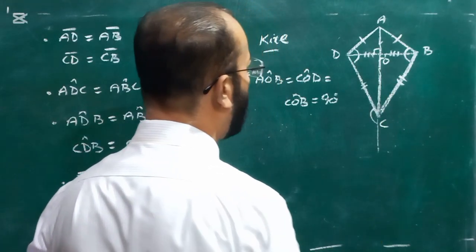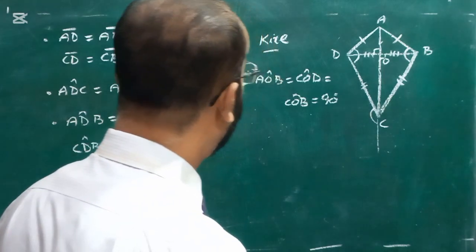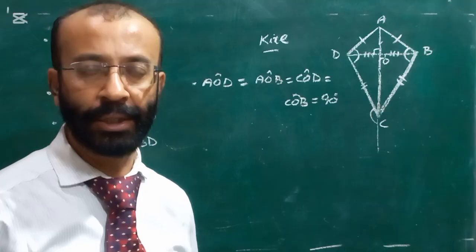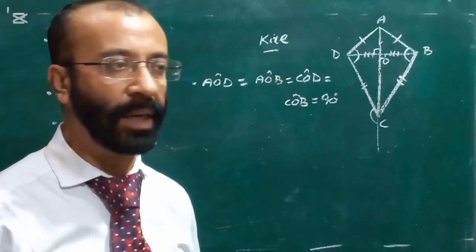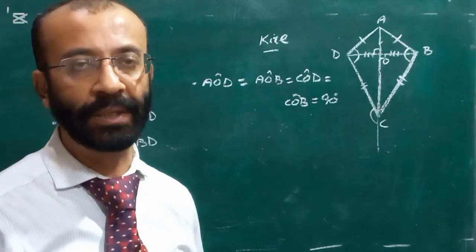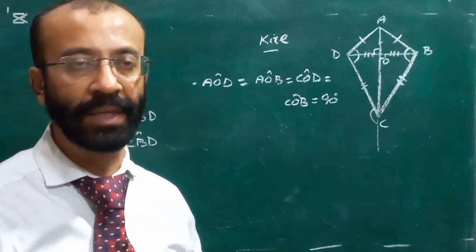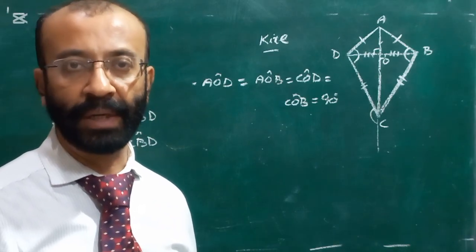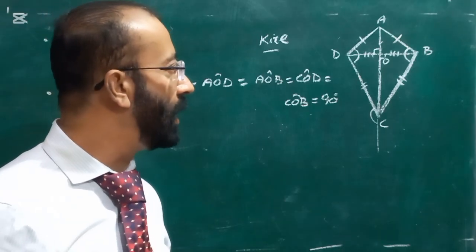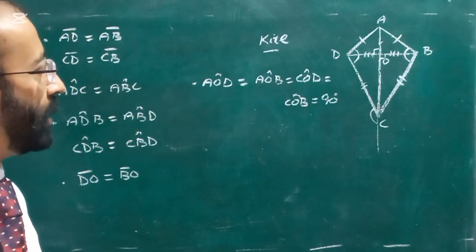So these properties can also be applied. So these are the properties, students, which are applied in kite. First remember and understand these properties because they will help you a lot in solving the questions of kite. Otherwise, you will be unable to solve the questions related to kite figures.